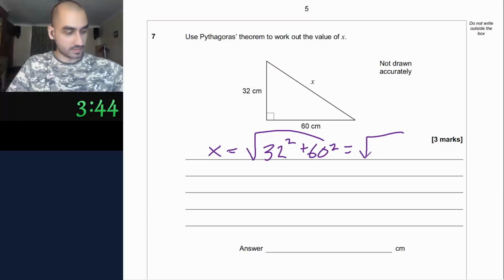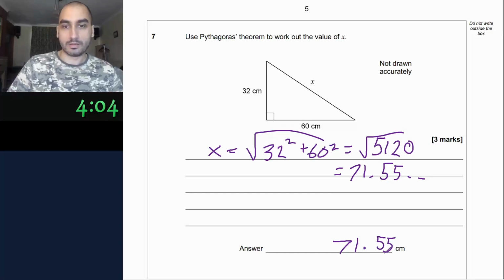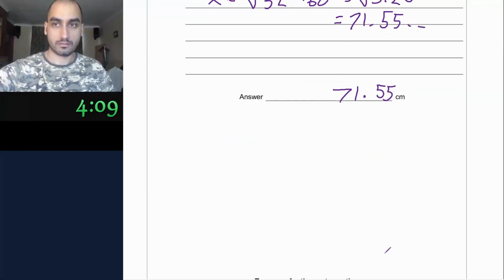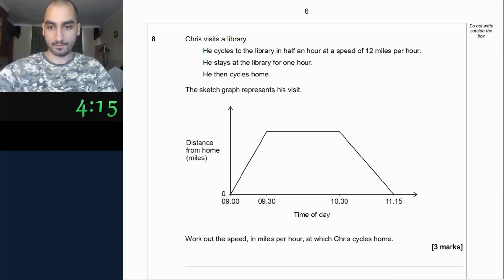Okay, it still took me a while to type that in. So it's the square root of 5120, which equals 71.55 centimeters. I like that the subtitles are actually putting the numbers in and the square root symbol.